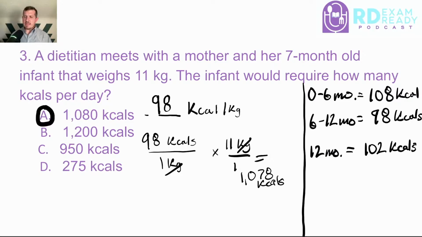Why does it drop, Lucy? Well, I think we can think of a few different reasons that it could be. In that 0 to 6 month period, Lucy, we can probably say that that's the highest amount of growth that the baby goes through, right? Like most rapid amount of growth requiring the most amount of calories. Then in 6 to 12 months, they're still growing quite rapidly, of course, and their calories haven't dropped that much.